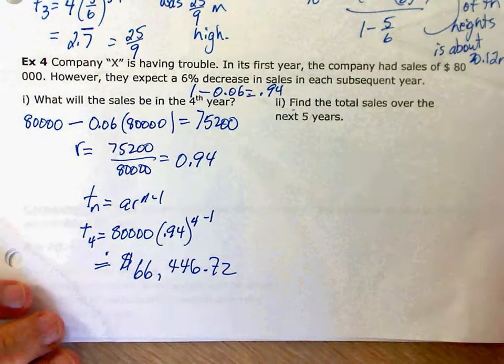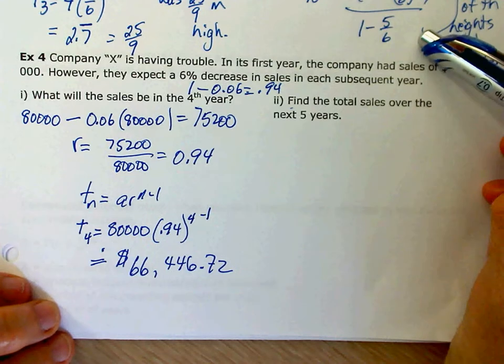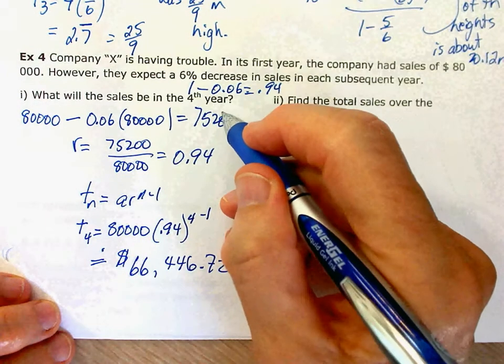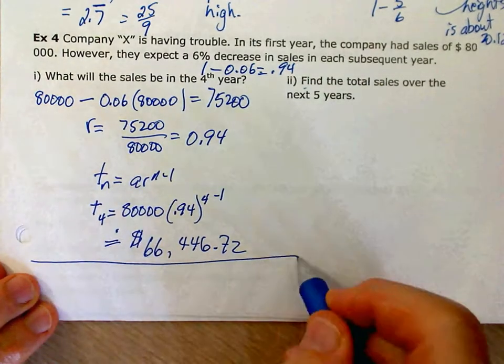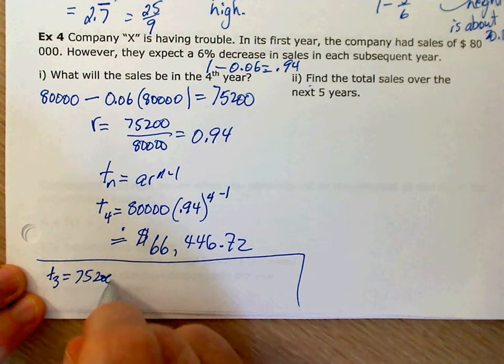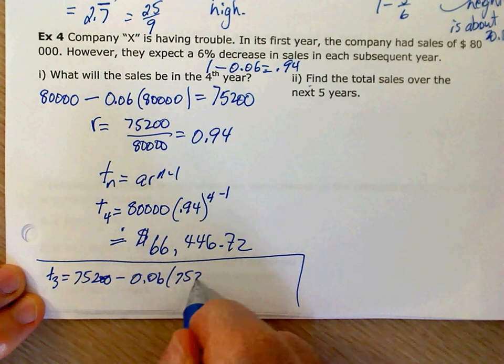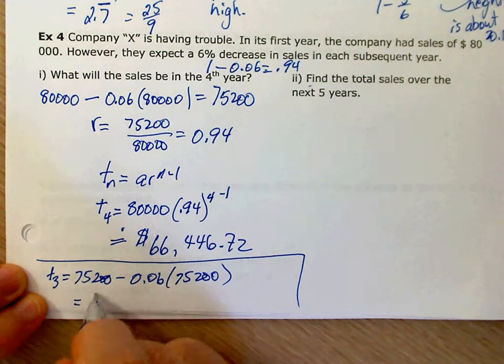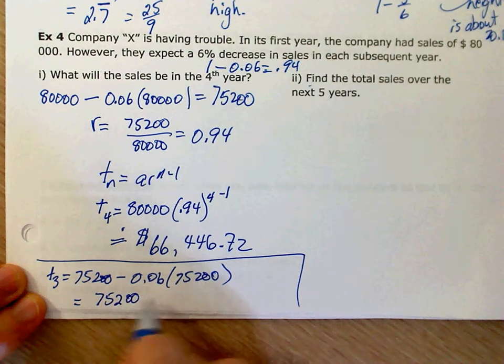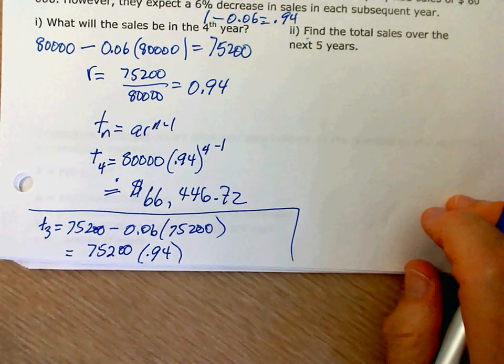If you want the third term, T3 equals 75,200 minus 0.06 times 75,200, but this is equal to 75,200 times 0.94. Both of those give you the same answer.